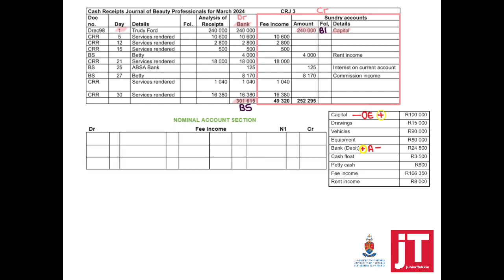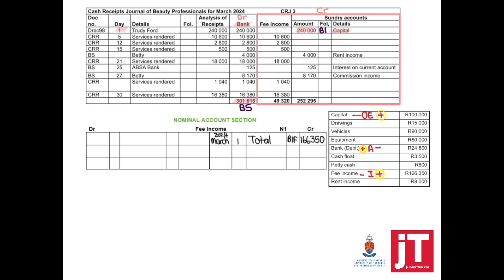Then we've got fee income in the nominal account section. Fee income is regarded as an income. So where's the plus? On the credit side. So the total brought forward on the first day of the month, 166,350.